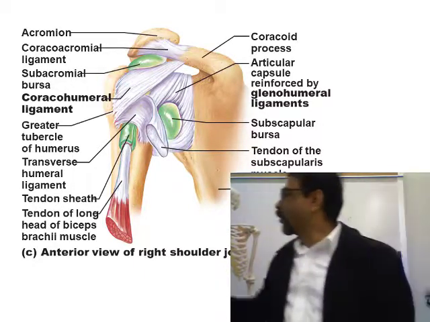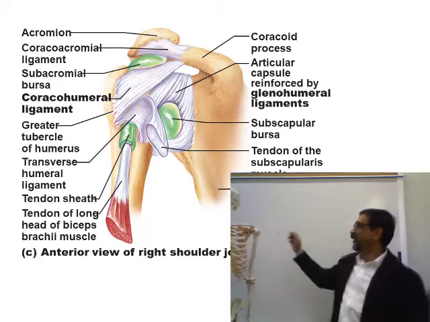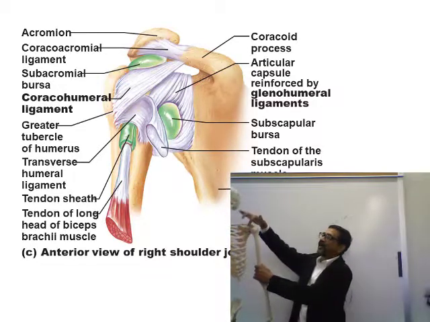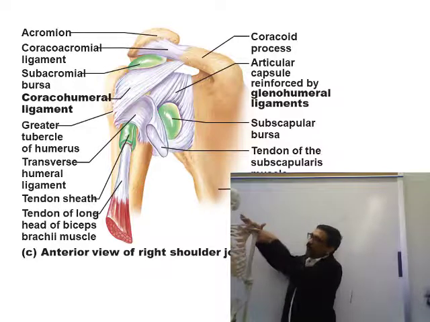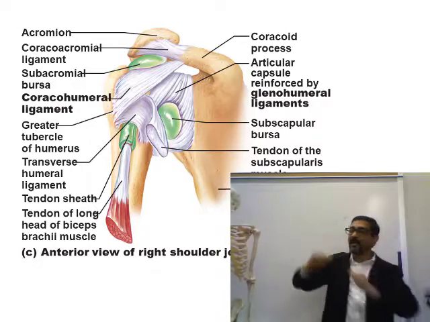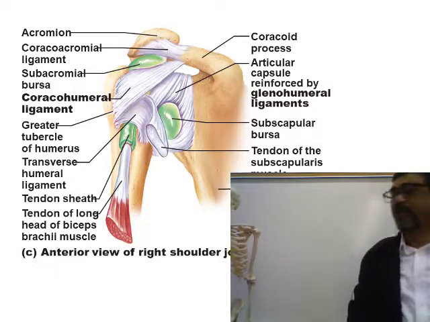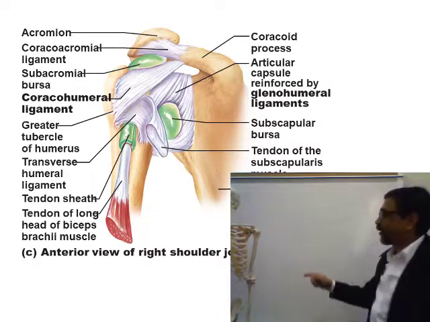Then coracoacromial. You know this is coracoid again, and this is acromial. So the coracoacromial ligament is like this. Coracohumeral, this one; coracoacromial, this one. Then glenohumeral. There are three.